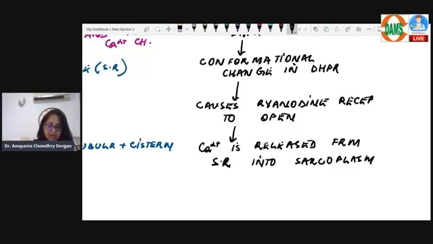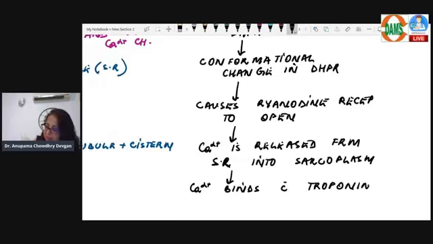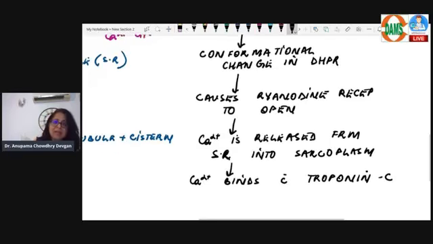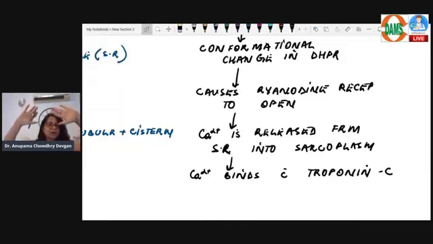This calcium binds with troponin C, and there is a conformational change, tropomyosin slides, and the active sites of actin are exposed. You've already done all of that, and actin-myosin cross bridges are formed and the muscle will start contracting.